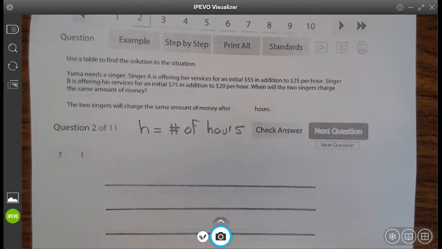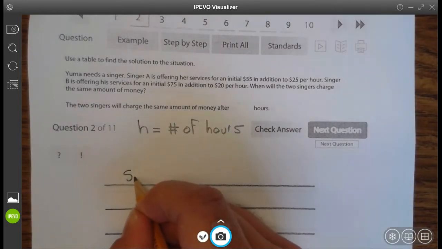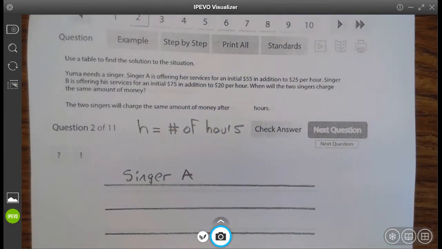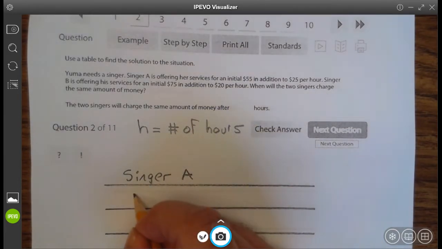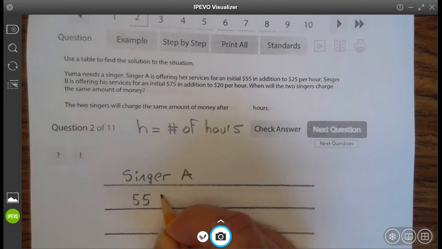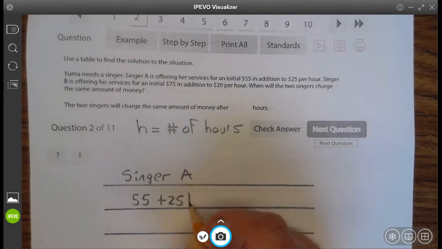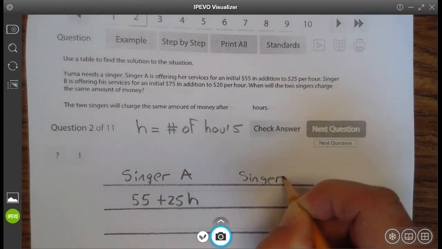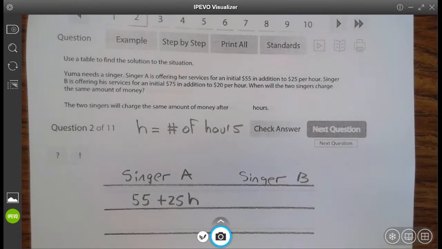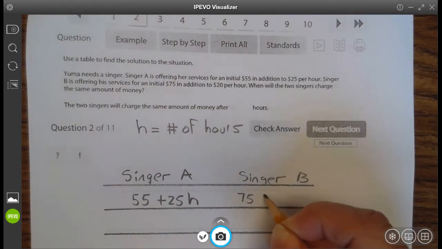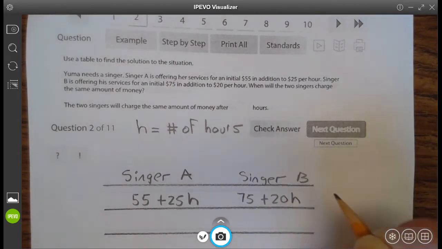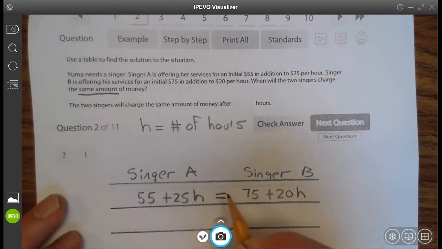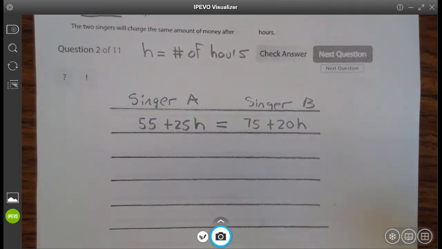So now we have singer A offers her services for initial $55 plus $25 per hour, and singer B is offering her service for initial $75 plus $20 per hour. Now we want to know when they're the same amount, so we're going to set the expressions equal to each other and solve the equation.